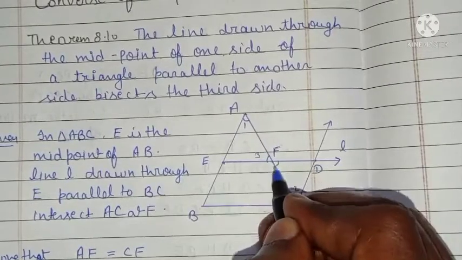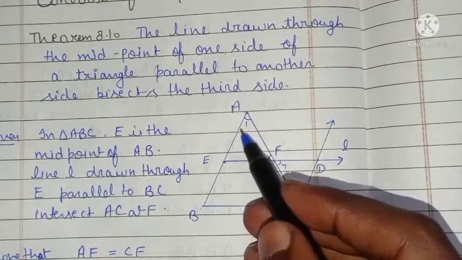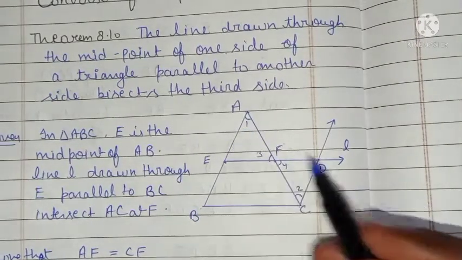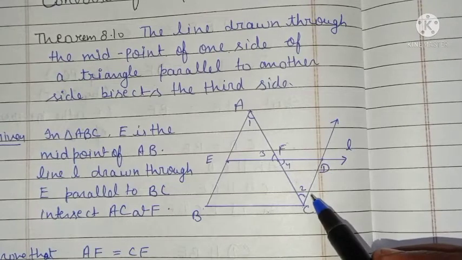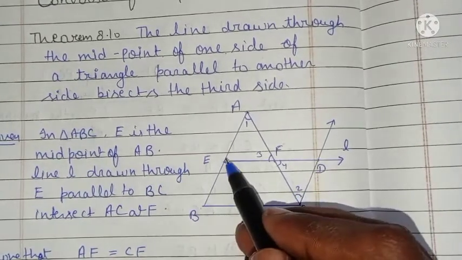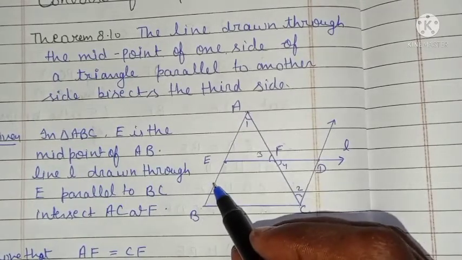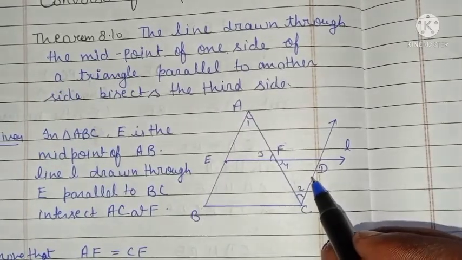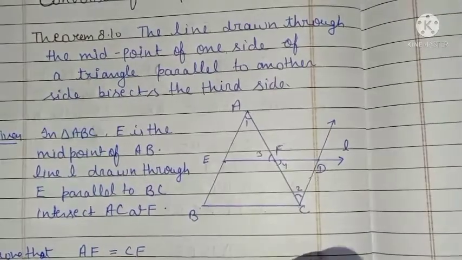Angle 3 equals angle 4, vertically opposite angles. And side AE equals side CD, because E is the midpoint of AB, so AE equals BE, and BE equals CD, hence AE equals CD.